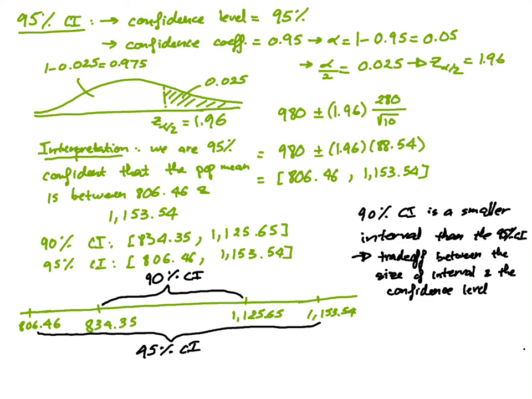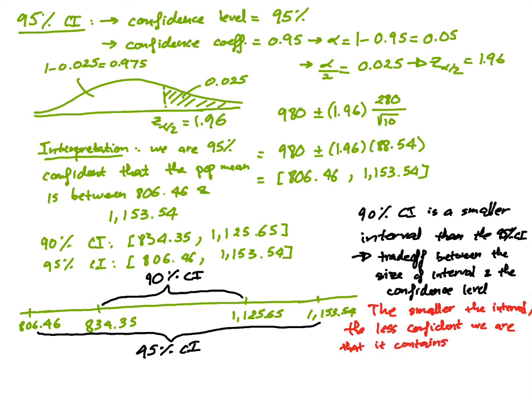The smaller the interval, the less confident we are that it contains our population mean.